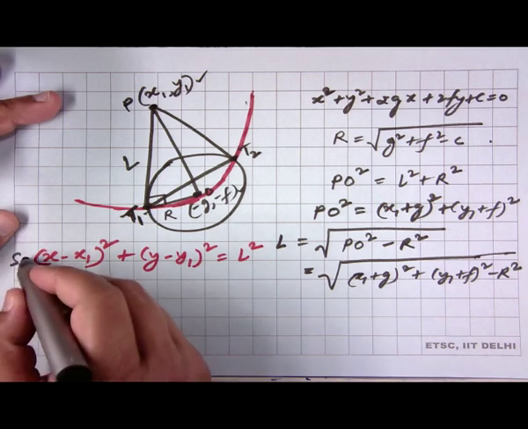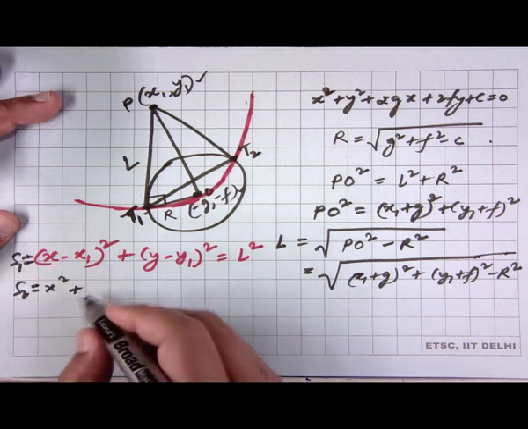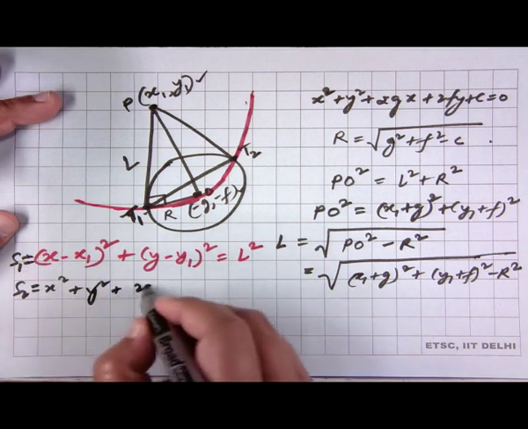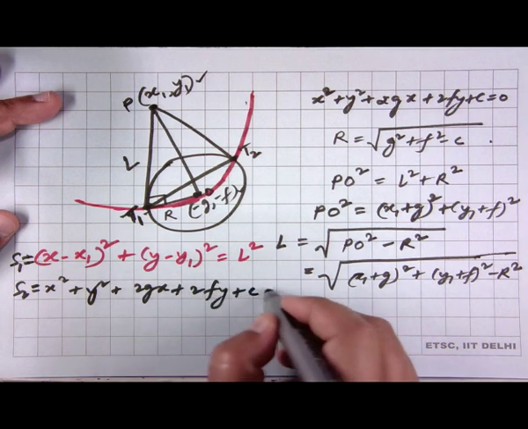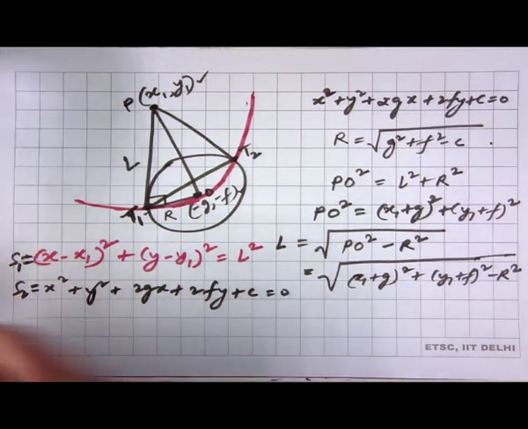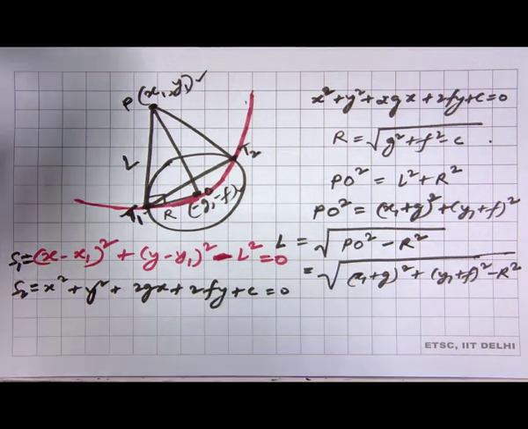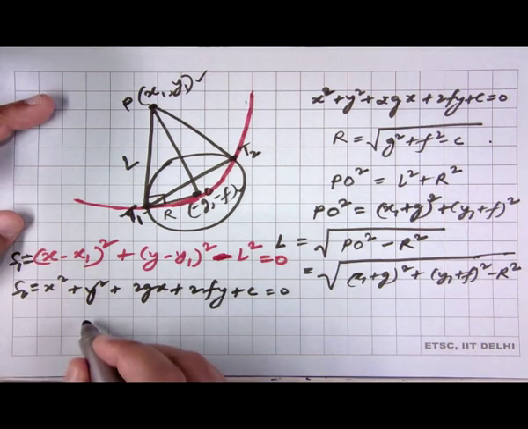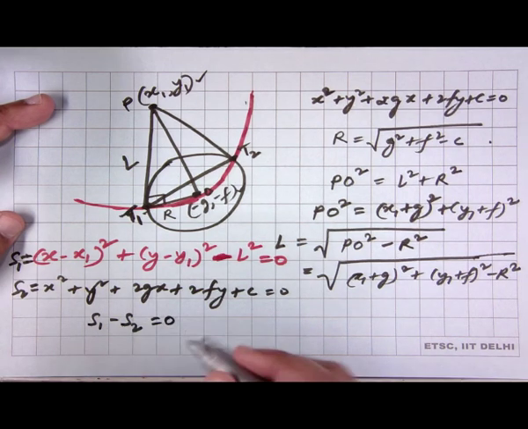So, let us say this is S1, this is S2. When we write it, we have to write it like this, and the equation of the radical axis will be simply S1 minus S2 equal to 0.